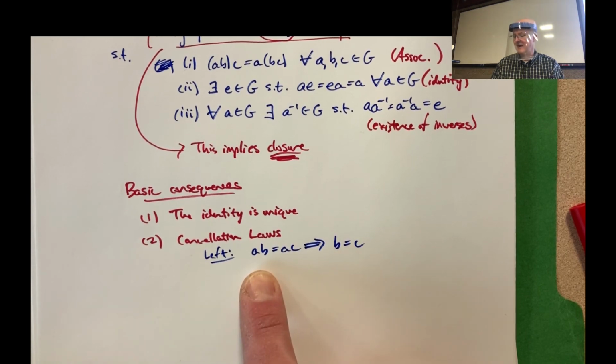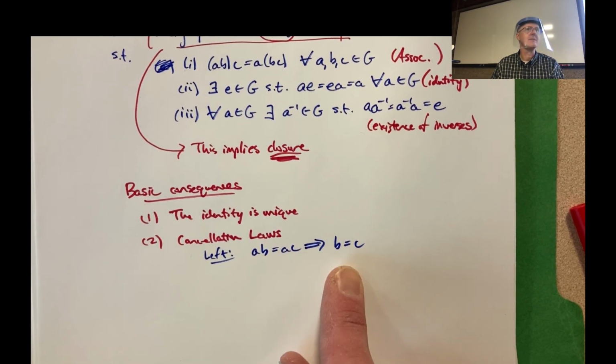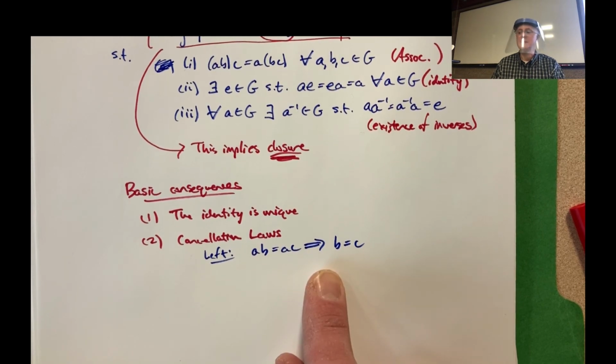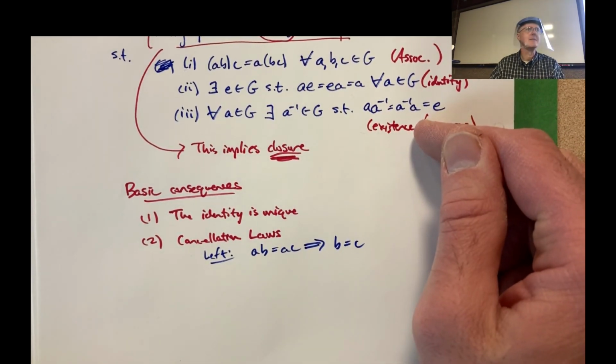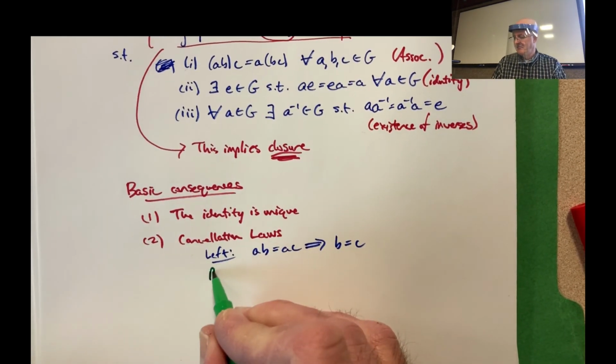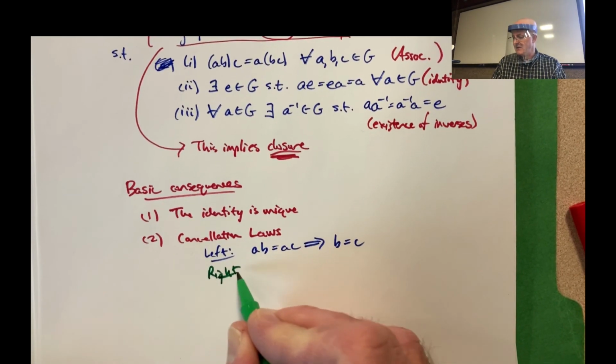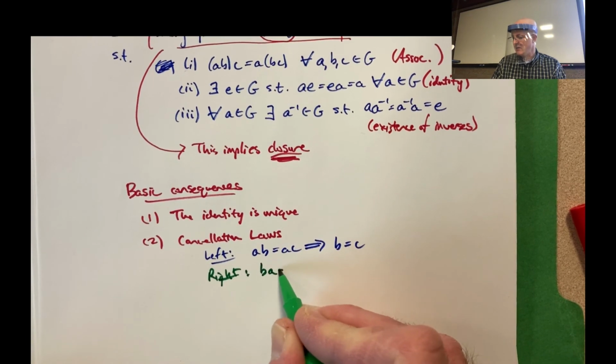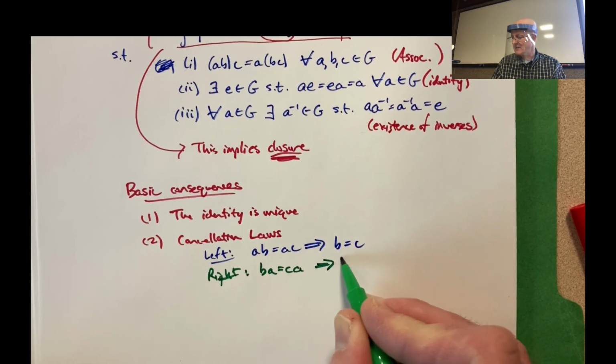Yeah, the inverse of A, or an inverse of A if you don't yet know the inverses are unique. And that's the same thing you do with group theory here. You don't need to pretend they're matrices. You've got the tools you need. And the right cancellation law is, say, BA equals CA. That also implies B equals C.